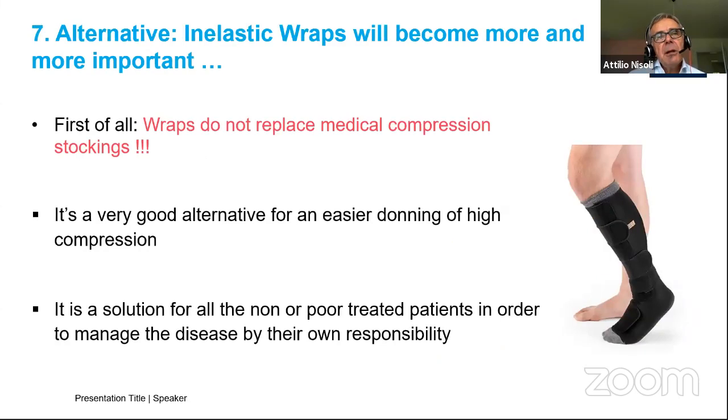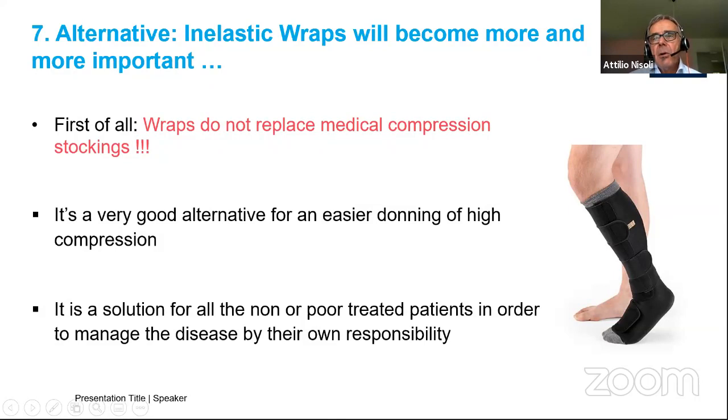I mentioned the inelastic wraps before. There is a fantastic alternative. Wraps, they will not replace medical compression stockings, but it is a good alternative for an easier donning of high compression. It is a solution for all the non or poorly treated patients in order to manage the disease by their own responsibility.